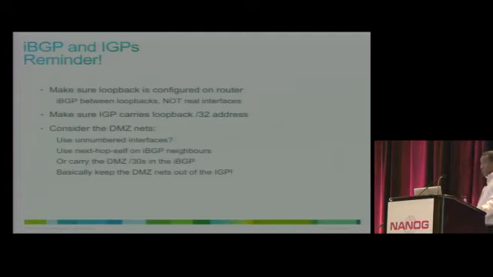The DMZ networks, that's the networks that connect your network to your peer, either a customer or another service provider, you can inject them using IBGP, but if you do that, then you have to use next-hop-self.